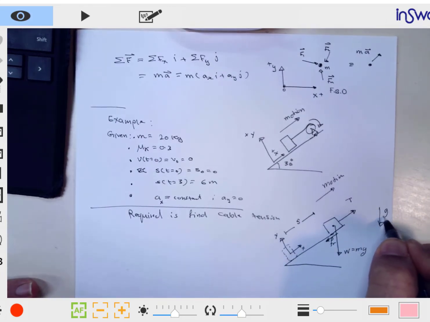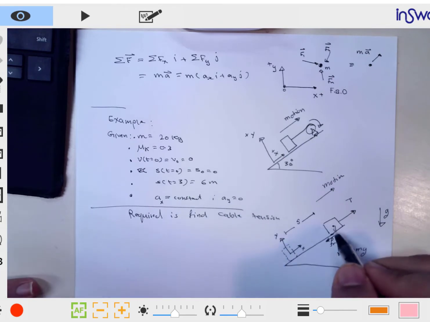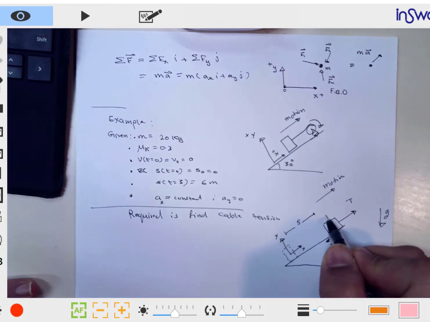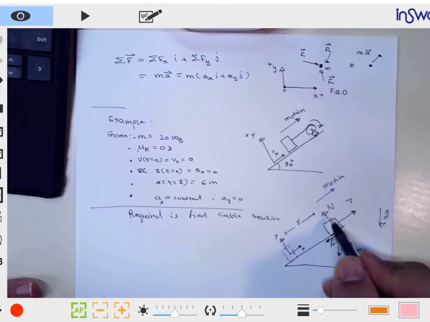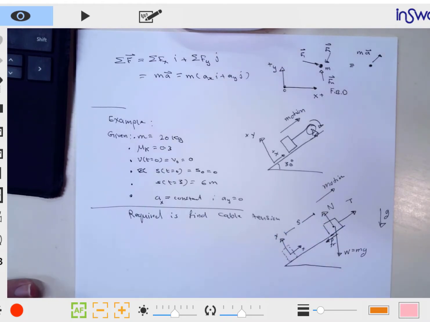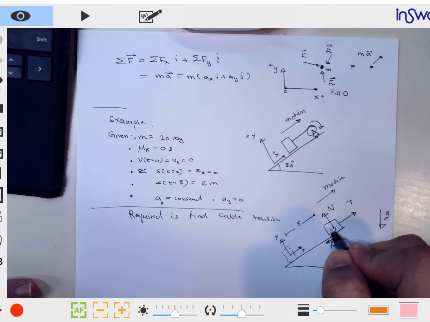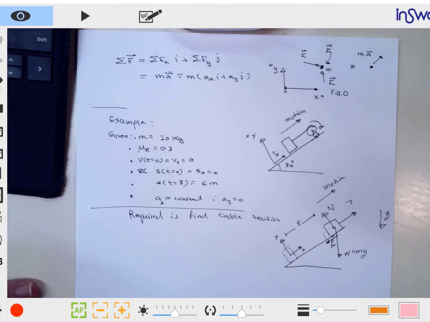This is the gravitation, and also I have the reaction, normal, orthogonal to the surface. And let's see, anything else? It looks like this is all we have.